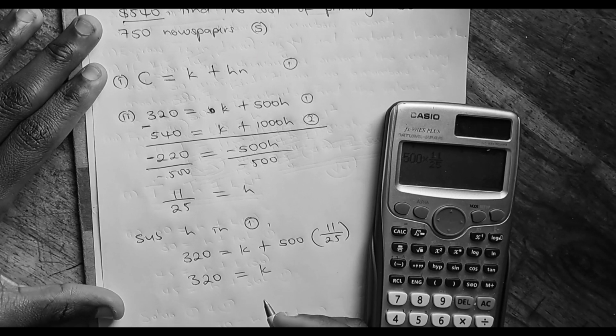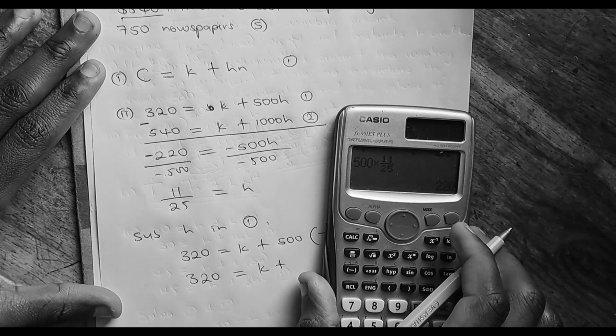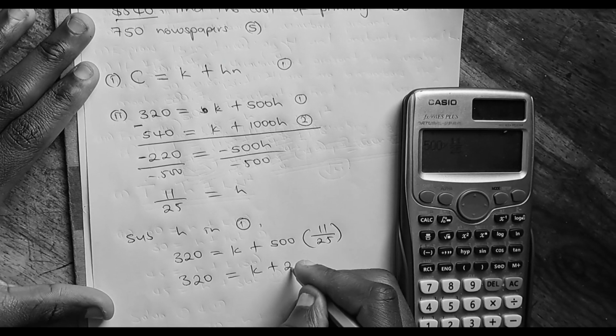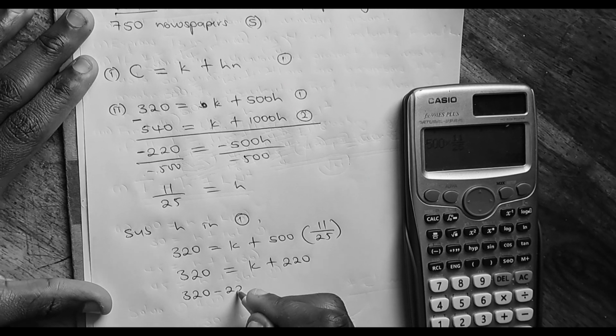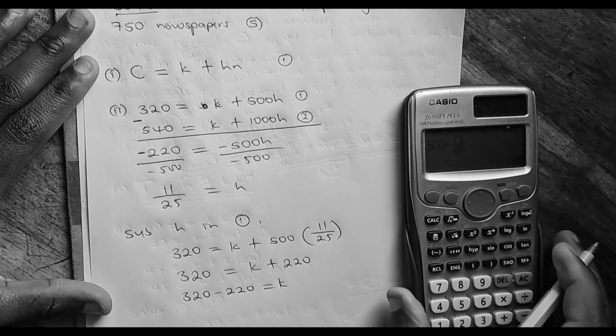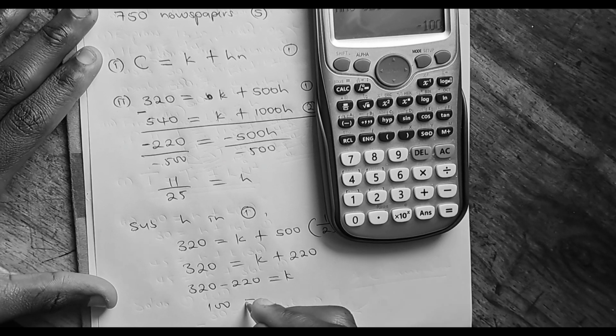So 500 times 11 over 25 is 220. Therefore, 320 minus 220 equals k. So 320 minus 220, you get 100 is equal to k.